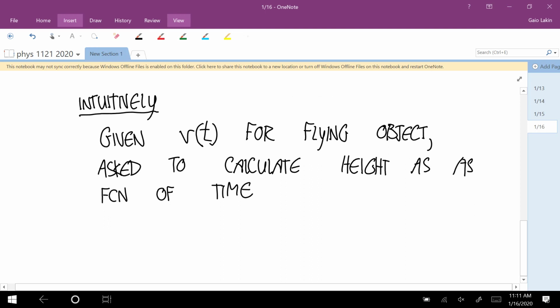Well, based on the velocity, if it starts out at 50 miles per hour going this way, and then it goes 30 miles an hour this way, you have that velocity, but you don't have any knowledge of where the thing was when it started or where it is at any point in the motion.